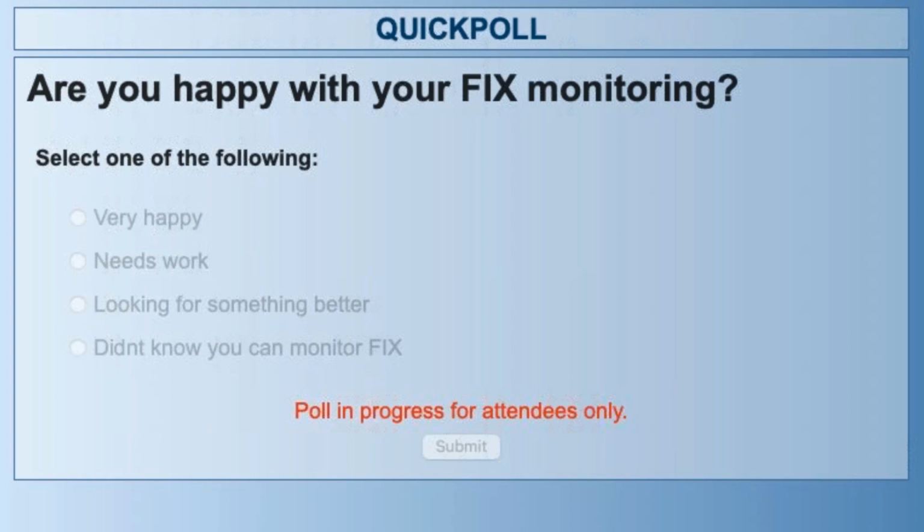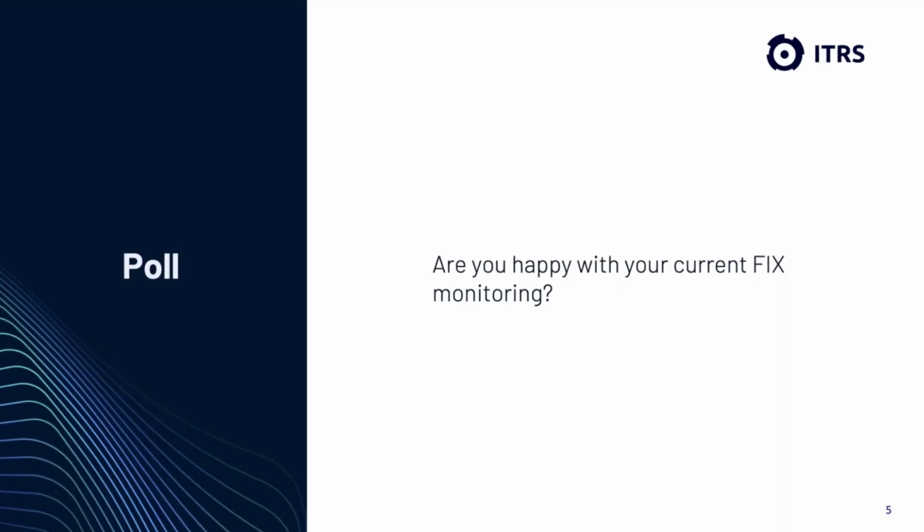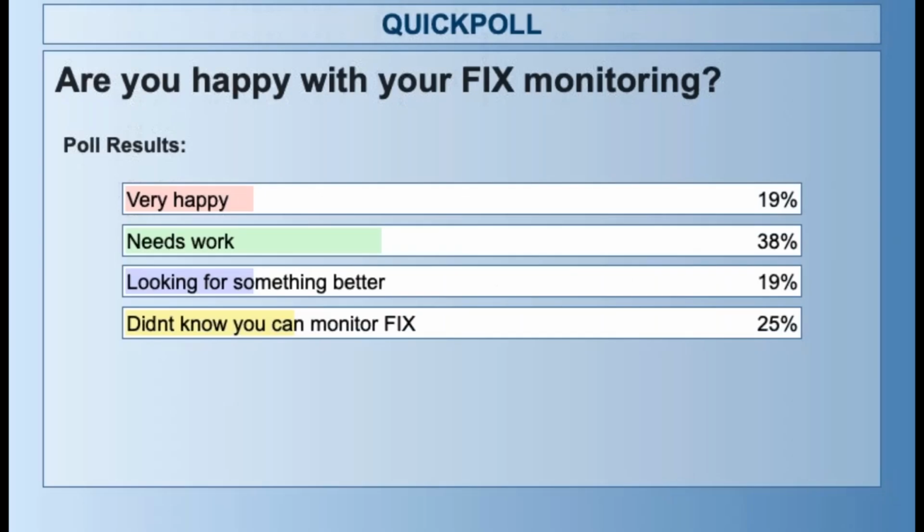Some of these results are not quite what I expected, but it's good to get that kind of feedback to understand where you are in your world today. Right, I think, there we go. Oh, that's interesting. We got 25% didn't know that we can monitor the FIX. So hopefully today you'll learn something and we can help you get started on that.